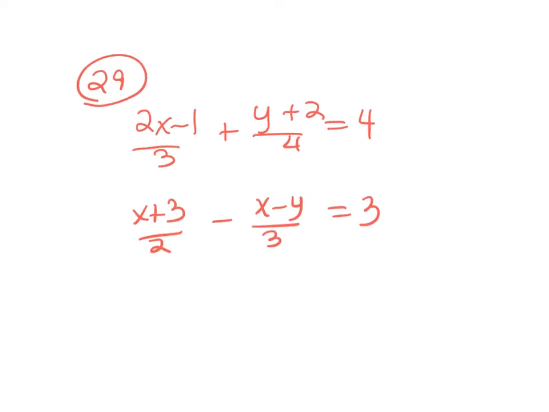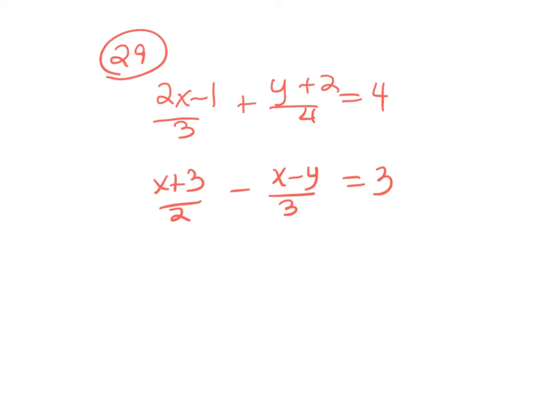All right, so whenever I have a fraction I'm going to clear the fraction by multiplying by the common denominator. For my first fraction, my common denominator between 3 and 4 is 12. So I'm going to distribute a 12 to all three pieces.